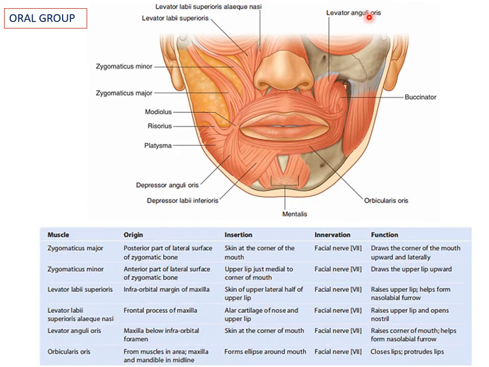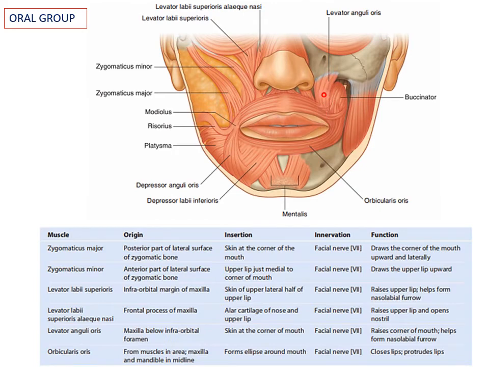Then is the levator anguli oris. The levator anguli oris arises from the maxilla below the infraorbital foramen, and it is inserted into the skin at the corner of the mouth.